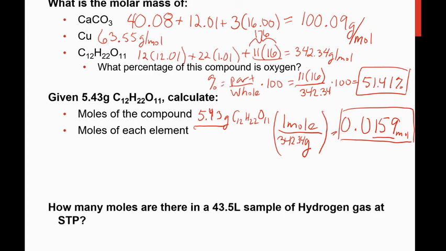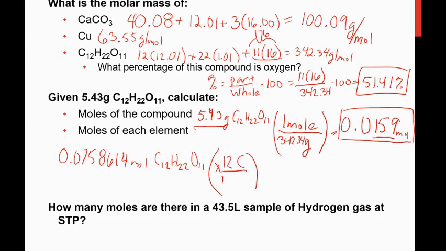Okay. Now, here's the thing. It says moles of each element. Well, I would take my unrounded answer in my calculator, 0.01586114. If this is my moles of C12H22O11, I'm going to do times 12 moles of carbon for every 1 mole of your compound.